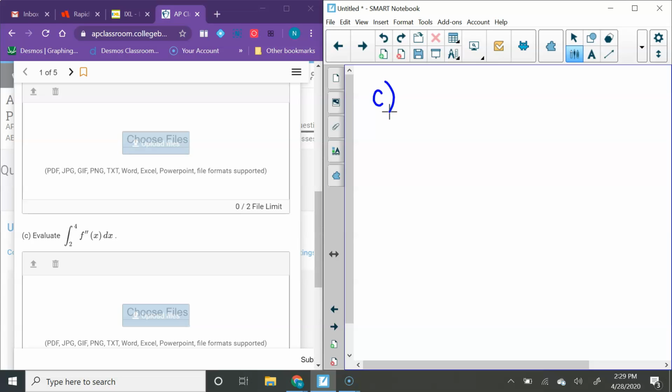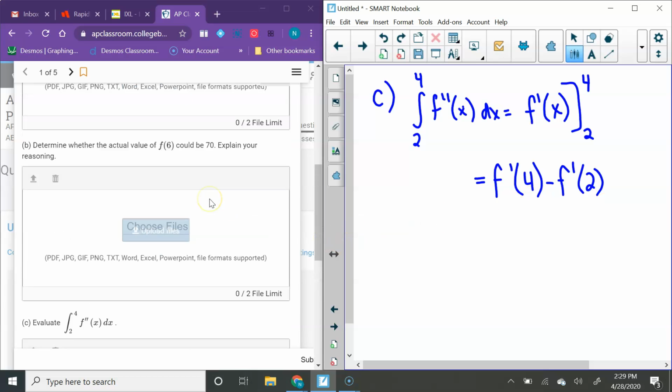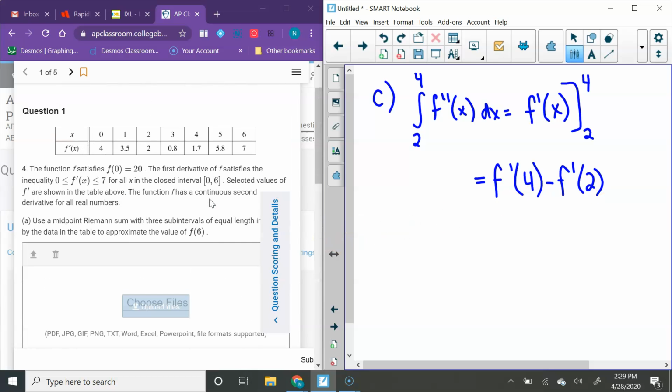We can't find an equation for that, but we do know that if we integrate f double prime of x dx, we will get just f prime of x. And we will have to evaluate that from 2 to 4, which means we'll get f prime of 4 minus f prime of 2. And fortunately, both of those values are on our table here.